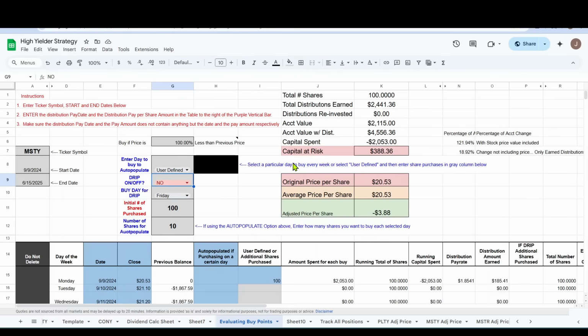Therefore, we have earned above and beyond what we spent of $388. And that right here is exactly what I'm talking about. So now, no matter what the price of MSTY goes to, I am not worried about that part.